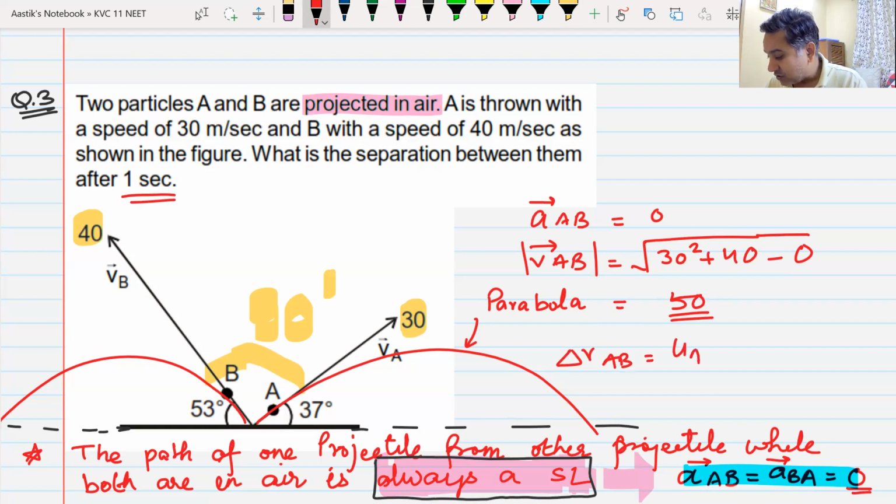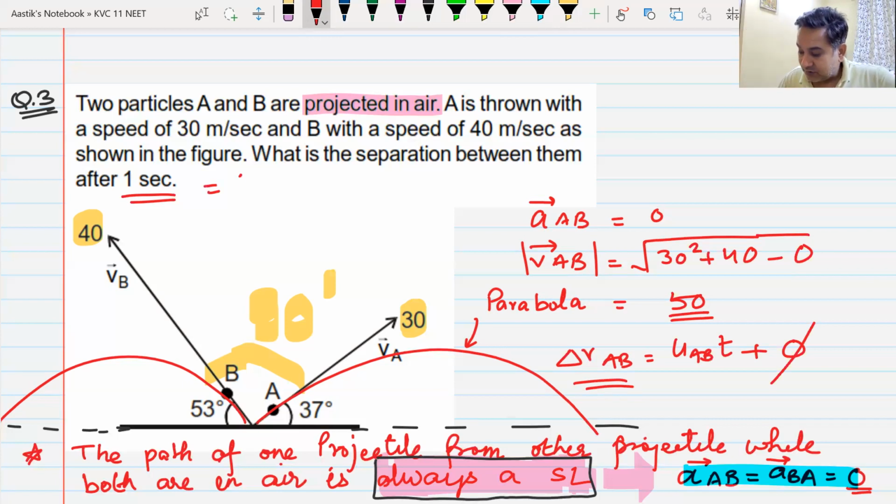It is initial velocity of A with respect to B into t plus half a t square, that is 0. You just multiply it by time. Time is 1 second. So the distance between the two is 50 meters. Do we understand this, everyone?